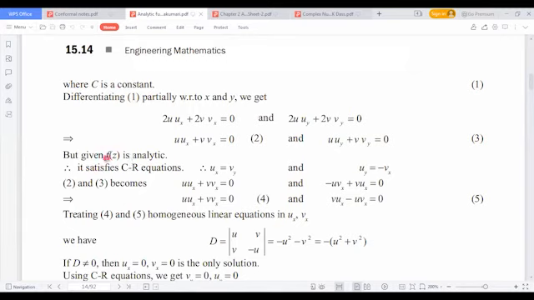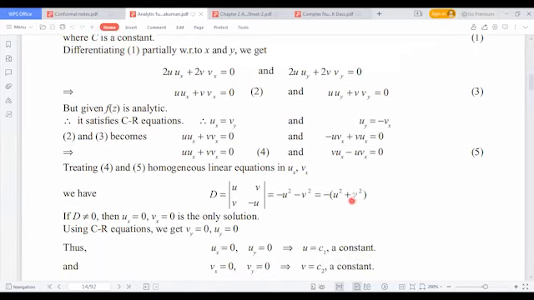But the given function is analytic, so from the Cauchy-Riemann equations you must know ux equals vy and uy equals minus vx. Putting these conditions in equations 2 and 3, we get equations 4 and 5.